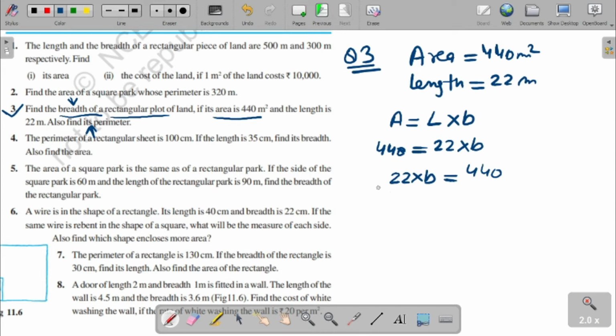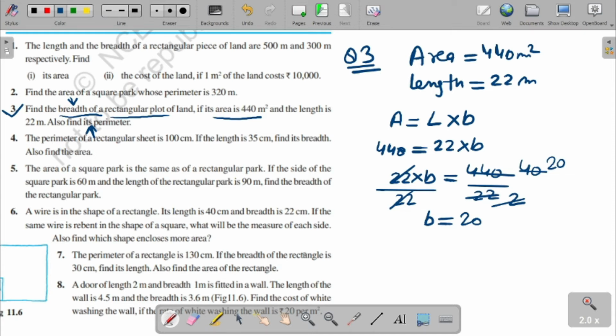After this step, we divide both sides by 22. These 22 get cancelled. If you divide, 22 1s are 22, 22 2s are 44, so 20. So you will come to know that breadth is equal to 20 meter. Now this is the first part.